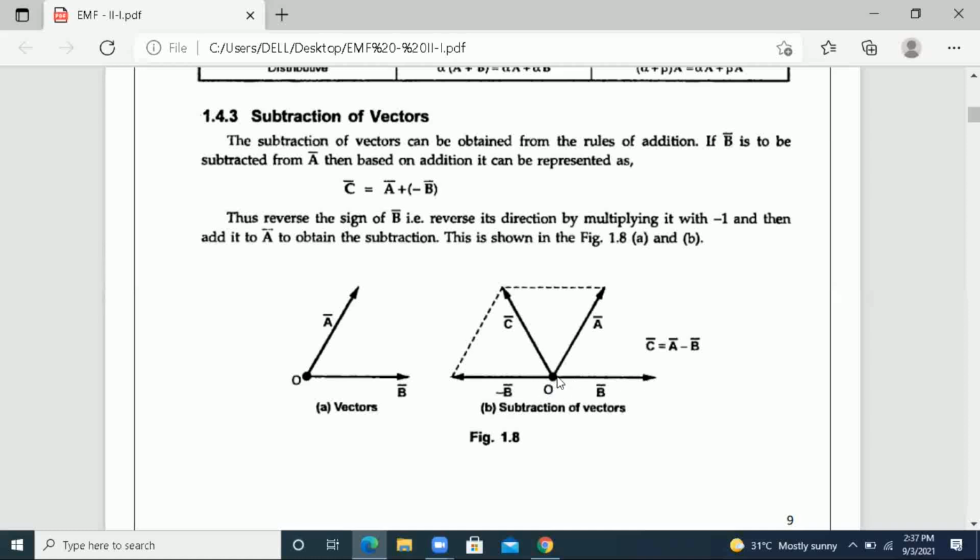Negative vector B is this. Same magnitude as B in the opposite direction. So vector C, which is A minus vector B, would be this.